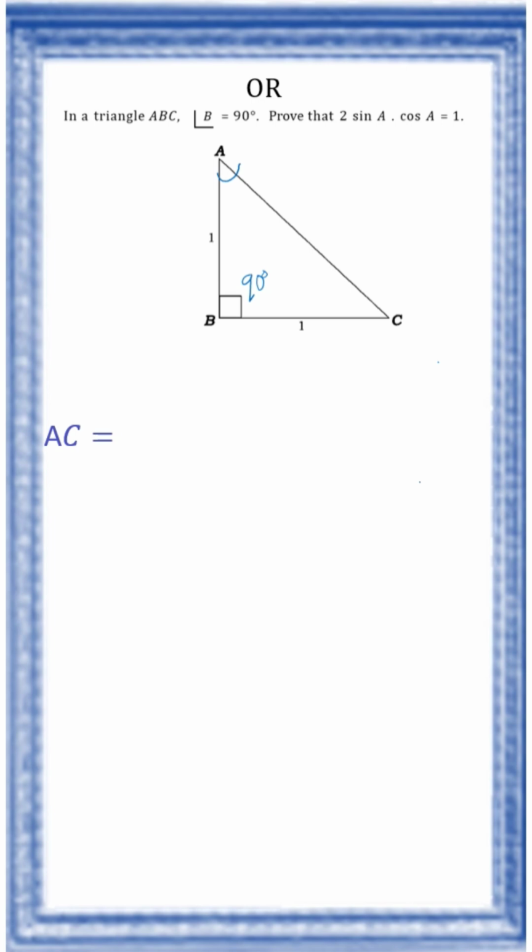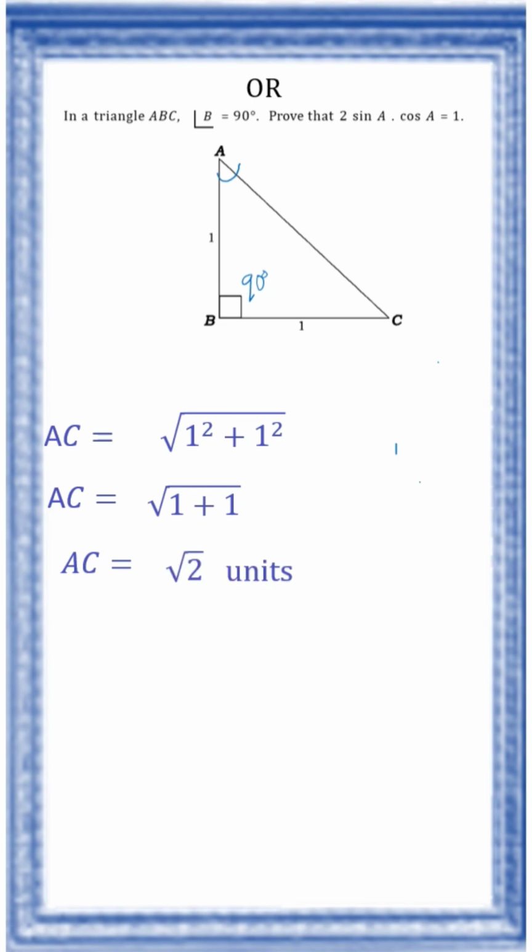AC is equal to square root of AB square plus BC square. AB is 1, BC is 1, so that is 1 square plus 1 square. So AC is equal to square root of 1 plus 1, that is square root of 2. So the hypotenuse is equal to square root of 2 units.